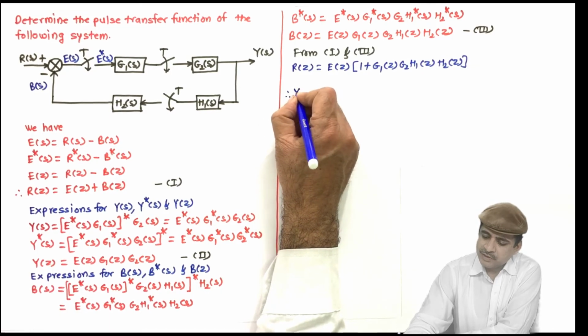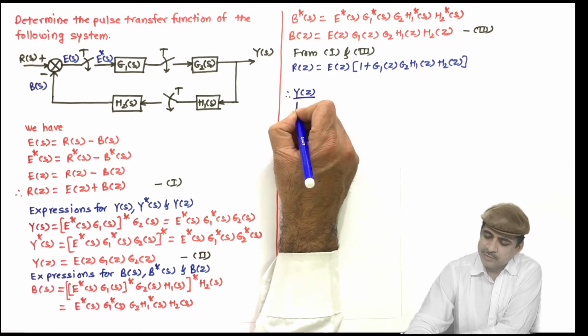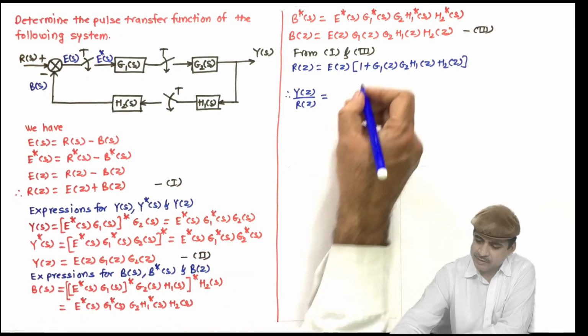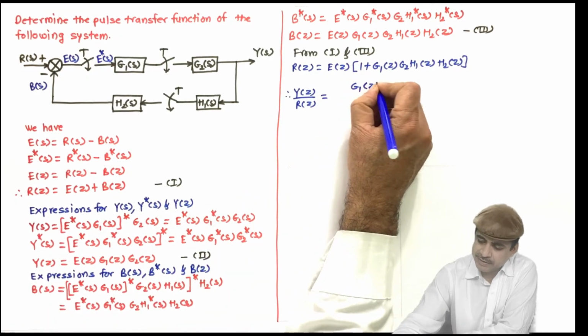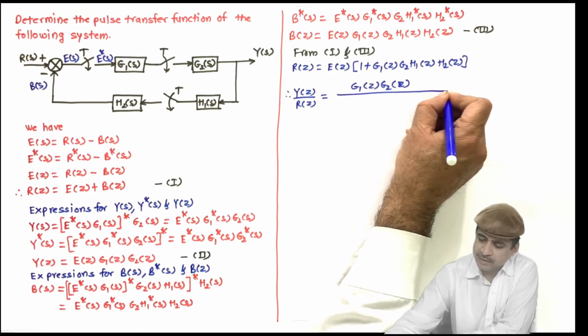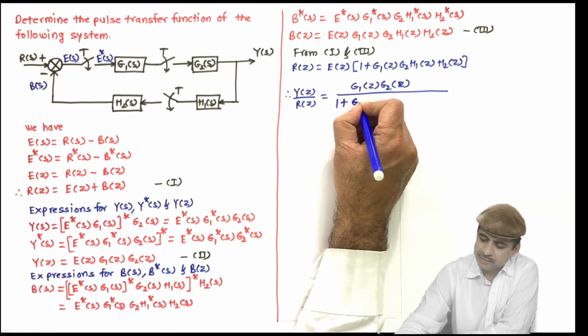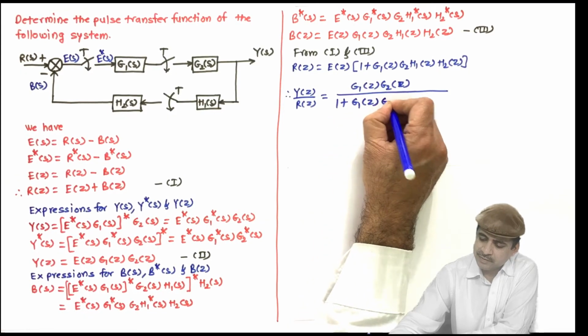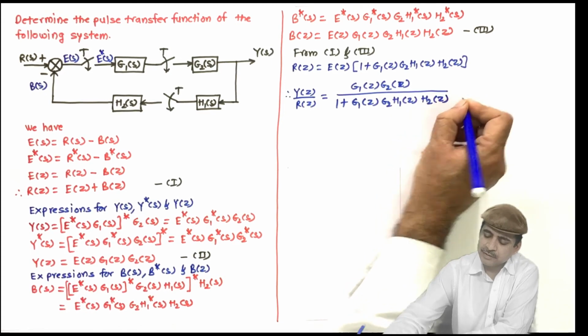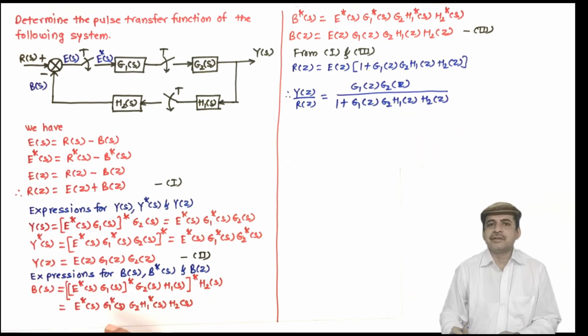And so the pulse transfer function Y(z) by R(z), E(z) gets cancelled, and it is G1(z) G2(z) divided by 1 plus G1(z) G2H1(z) H2(z). This is what we have considered.